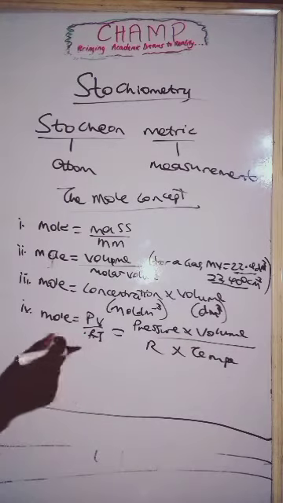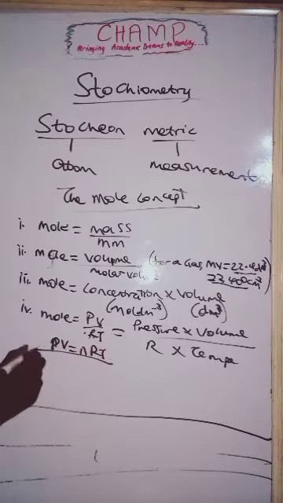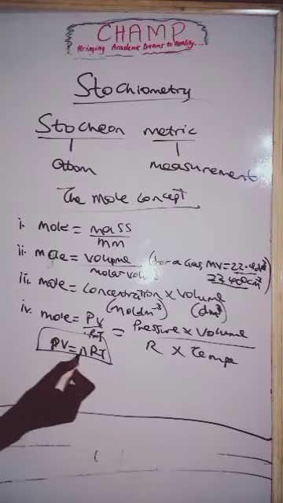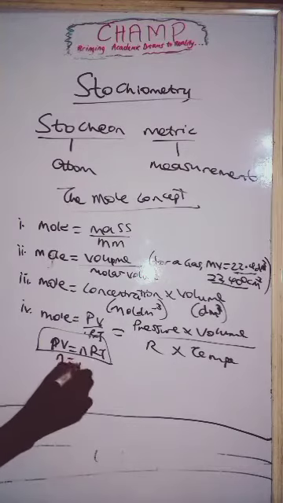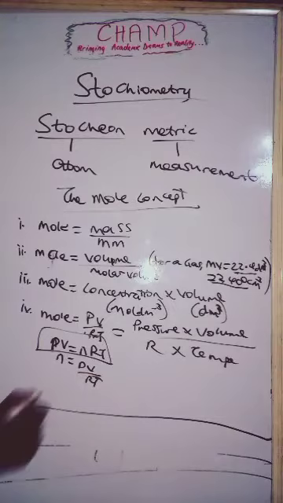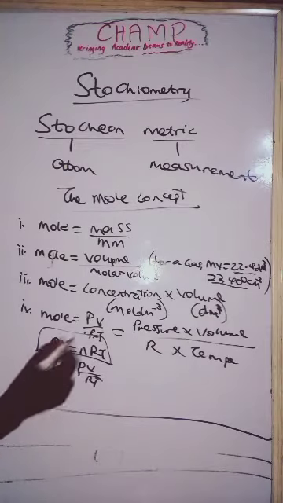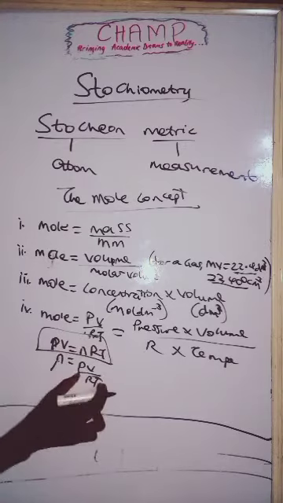This is actually derived from the ideal gas equation, PV equals nRT. So your n is equal to PV over RT, which is the number of moles.